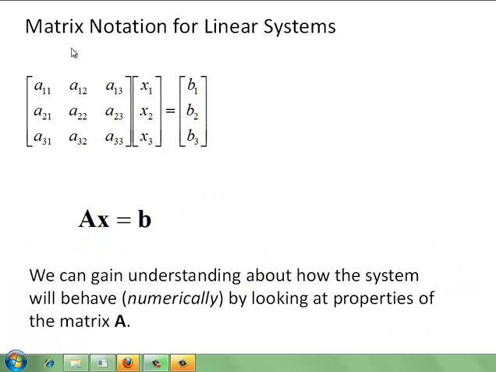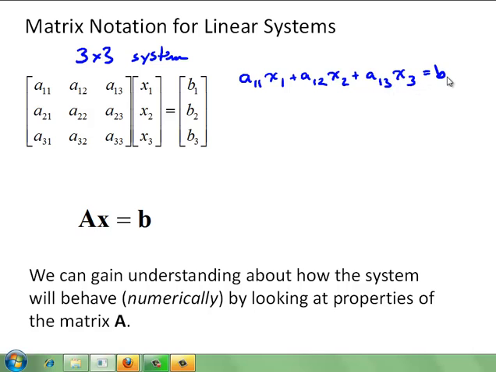Matrix notation provides a compact way to represent linear systems of equations. So we can look here. Here's a 3x3 system. And we can see how by applying the definition of matrix multiplication, this is a 3x3 system of equations. So again, going across the row and down the column, we have A11 times x1 plus A12 times x2 plus A13 times x3 equals B1.